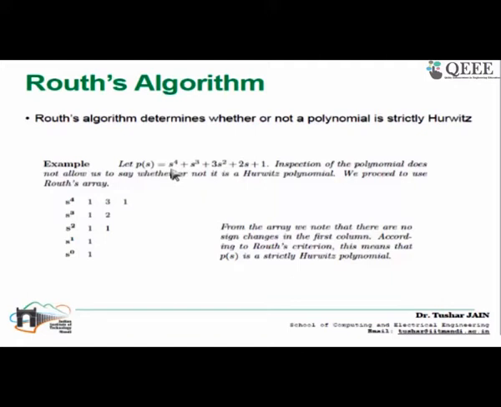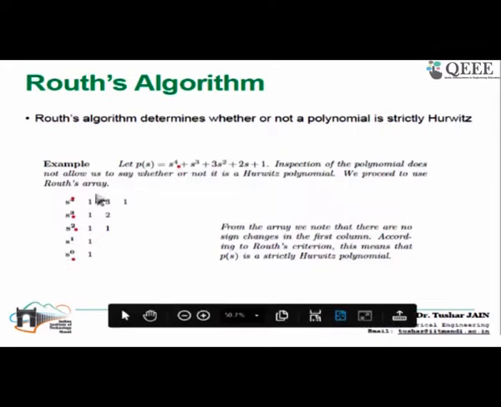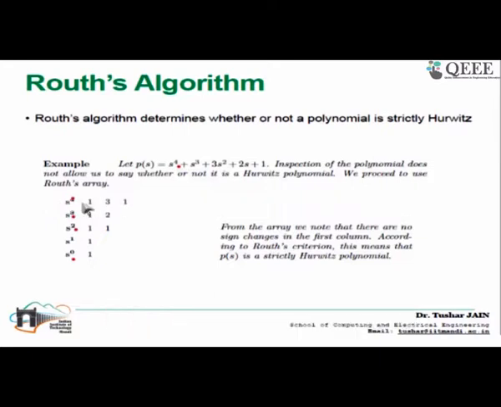So now we need to inspect whether or not this is a Hurwitz polynomial. How do we construct this Routh array? We start with the leading order powers, s to the power 4, 3, 2, 1 and 0. In the first row, for s to the power 4, we write the alternate coefficients, that is 1, 3 and 1. In the second row, s cubed, we start with 1, 2, and that's it.